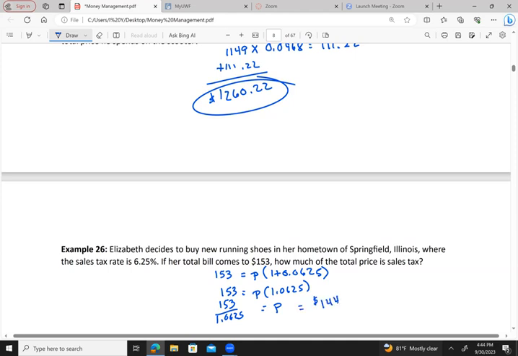Now, that is the purchase price. What we're looking for is the sales tax. Well, the sales tax is the difference between the final price and the purchase price, which is an even $9. And that finishes up section 6.2.